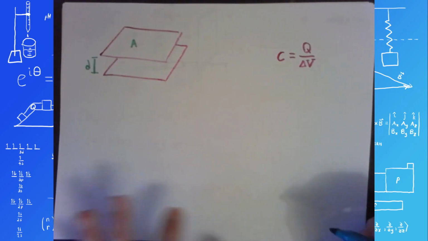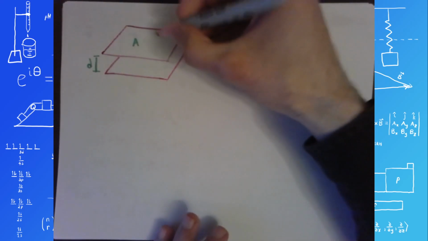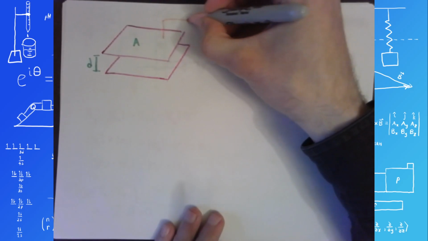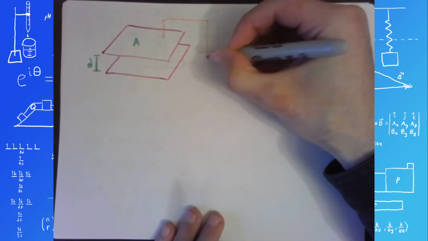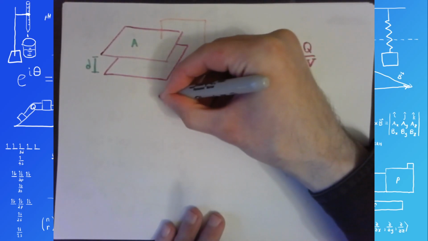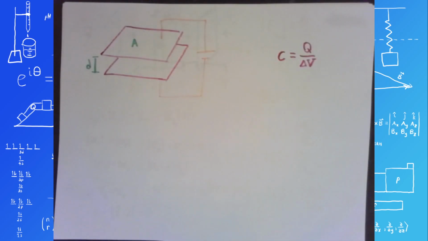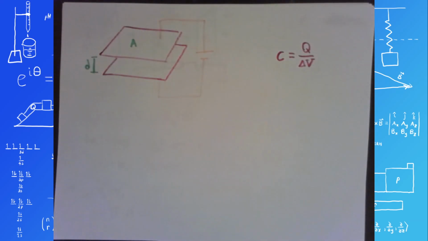And what you do is you hook this thing up to a battery. So here's some wires. Positive end of a battery, negative end of a battery. And what this battery does is it produces some sort of difference in electric potential, some sort of change in voltage across the two different plates.